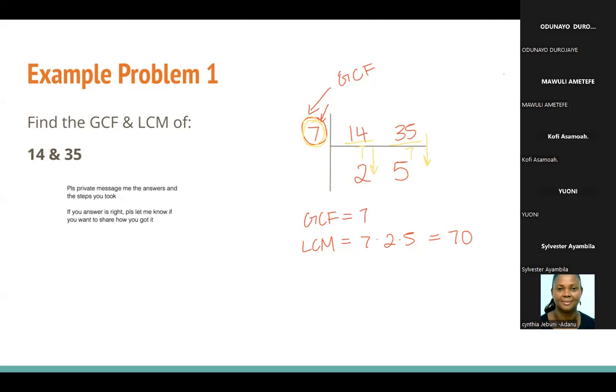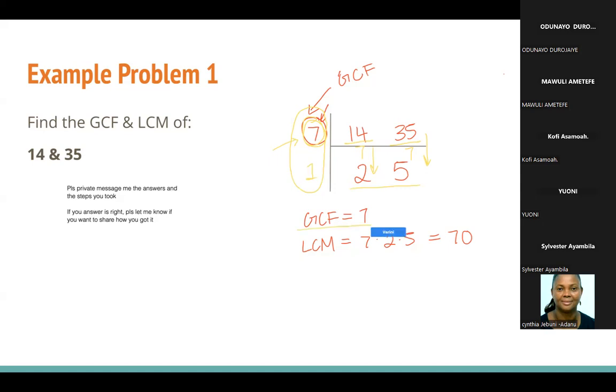To get the GCF, we multiply all of the things on the left-hand side. Looking here, only 7 is on the left-hand side, and between 2 and 5, you can only pull out 1. So 7 times 1 gives us 7, which is the GCF.